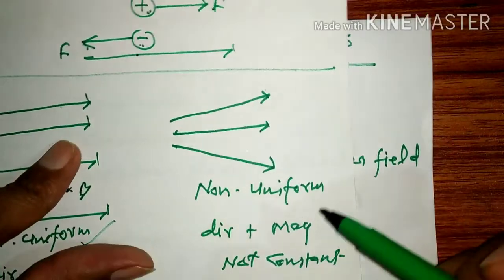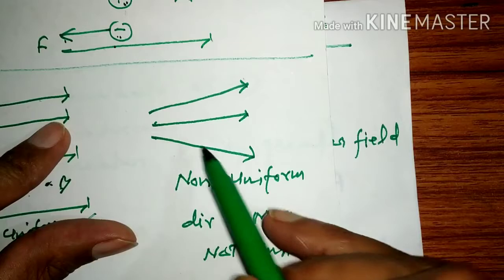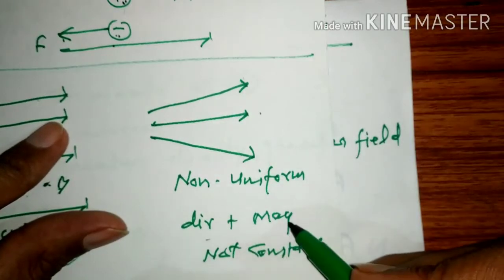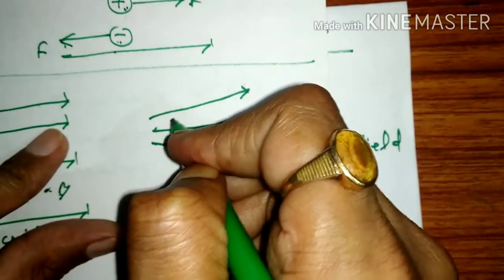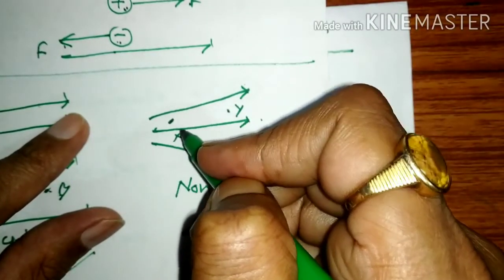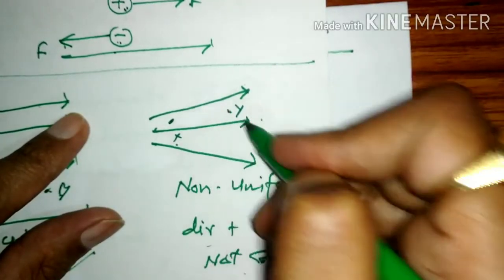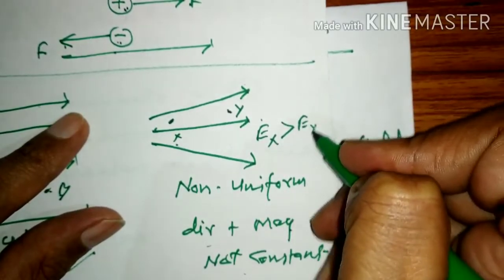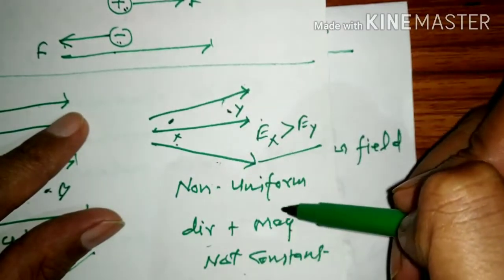Now just you see, here the electric field lines are diverging, meaning direction is also changing as well as magnitude is also changing. Now if I take two points X and Y, very easily it can be seen that at point X the line density is more than that of Y. Therefore, electric field intensity at X is more than the electric field intensity at Y. So this representation also goes into non-uniform electric field.